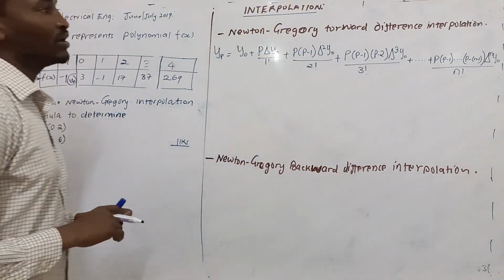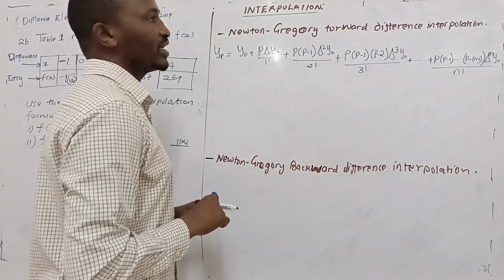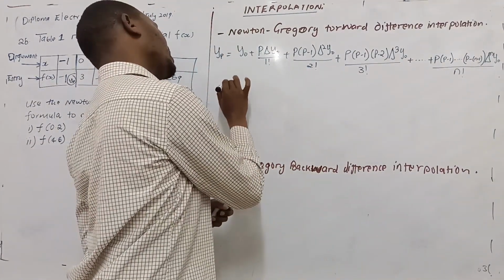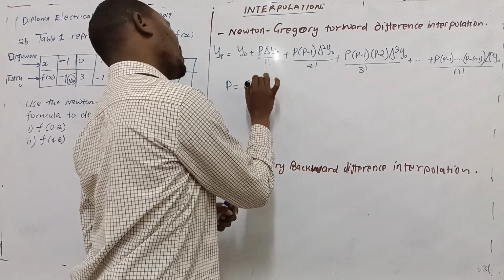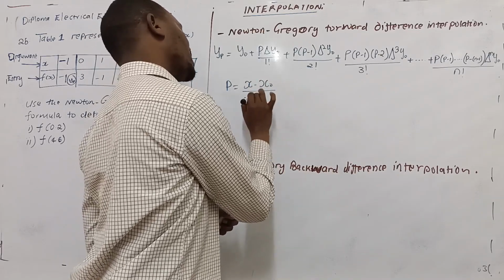That's the formula for Newton-Gregory difference interpolation, where P is equal to (X minus X0) over H.